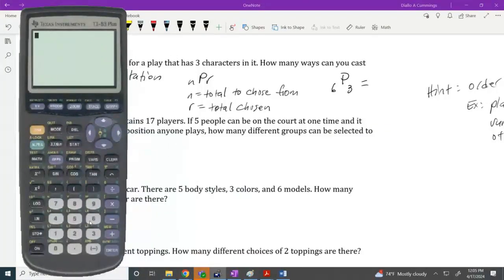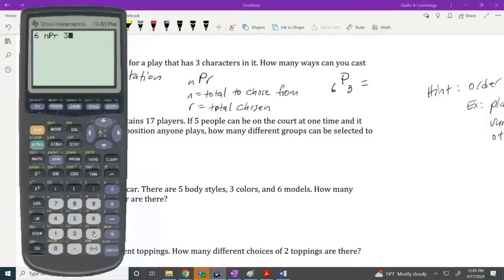I'm going to put in the total number to choose from first, which is 6. And then I'm going to go into math. I want to scroll over to PRB, which is just short for probability. I want to choose the second function, which is permutation, and then we're choosing 3.